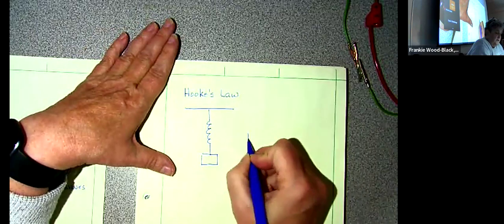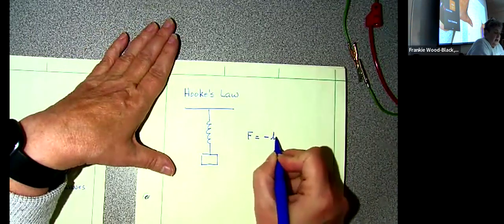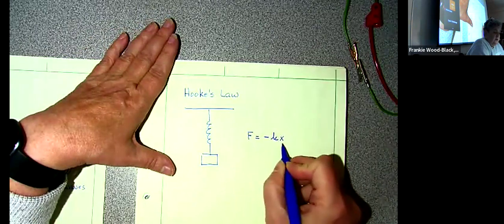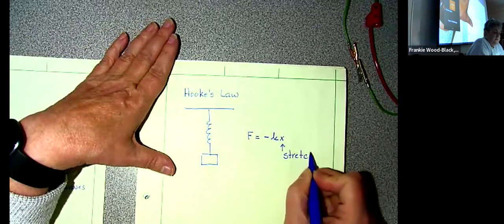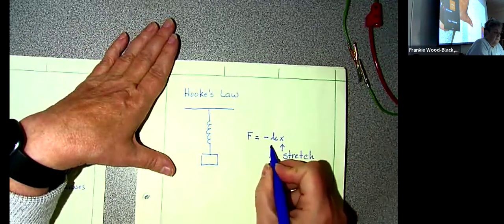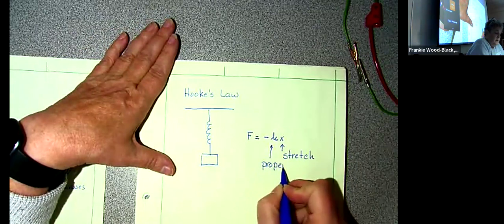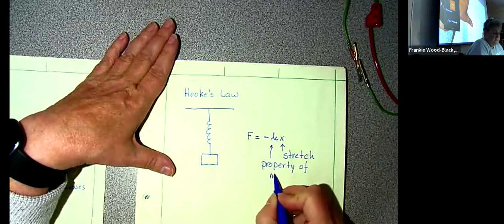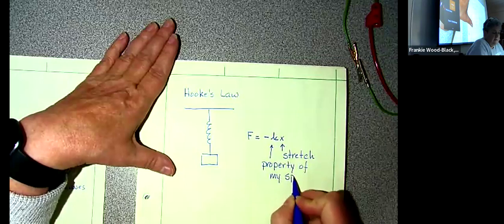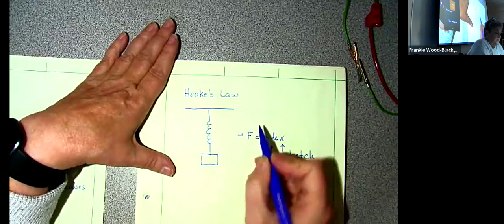We have our force was equal to minus kx, where x was my stretch. k was the property of my spring. And this is related to the weight.